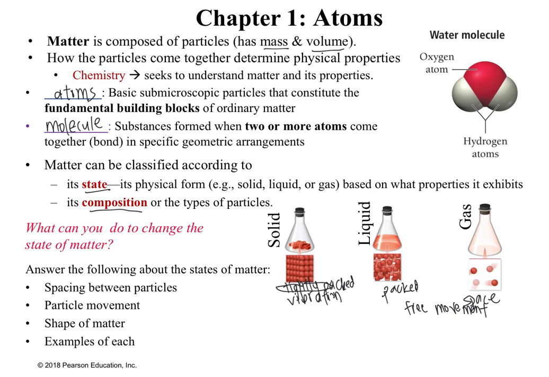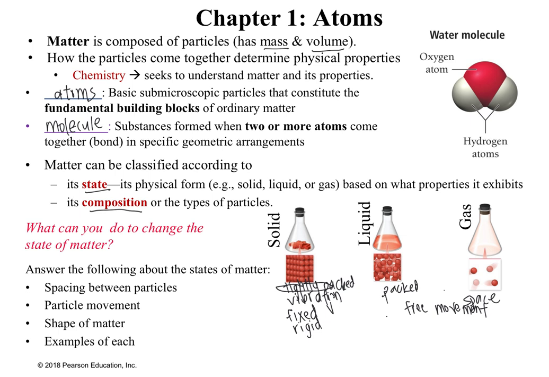When we think about shape, we want to think about both the volume and the shape that it takes. So for solids, it's a fixed volume and a rigid shape. So if I have an ice cube and I put it from one container to another, it's going to have the same volume and it's going to maintain its shape.